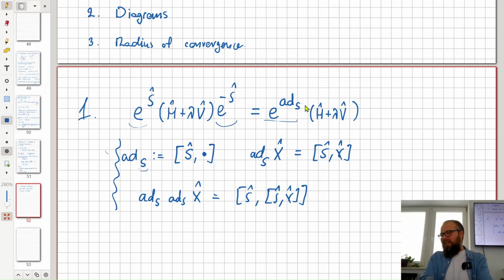These kind of arguments will work because what we are trying to achieve here is to find S that is an analytical function of the perturbation strength lambda, right? So it makes sense to manipulate the magnitude of lambda.